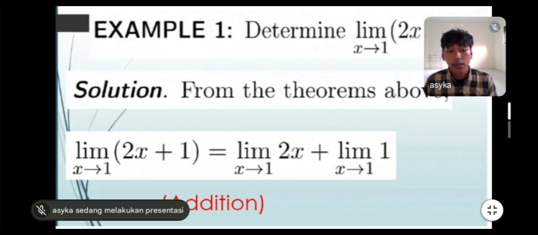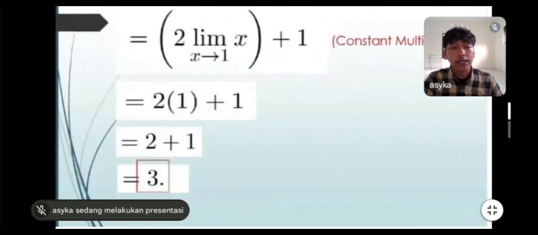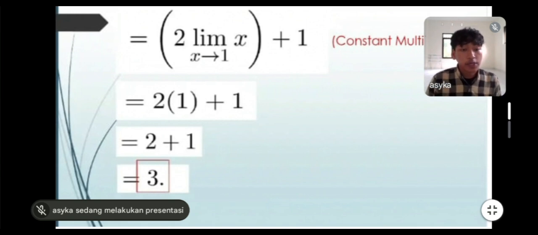We will use the addition theorem and the constant multiple theorem, which gives 2 times 1 plus 1. So we get 2 plus 1. So the answer is 3.